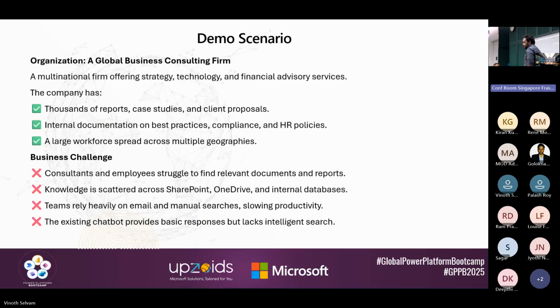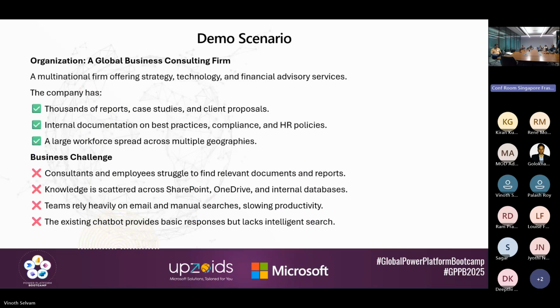It's very hard to pick up the proper information. Currently, they were searching everything manually. That is where the Copilot came into the picture, and this is a real business case scenario which we from our organization implemented for one of our clients in Singapore, with their existing environment.